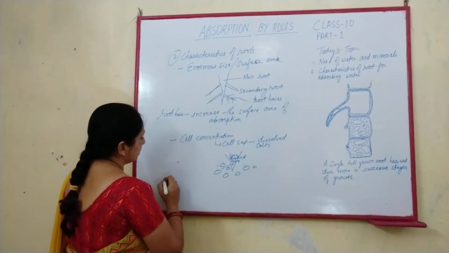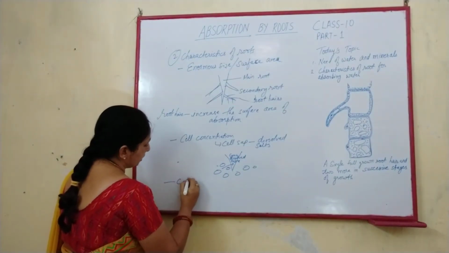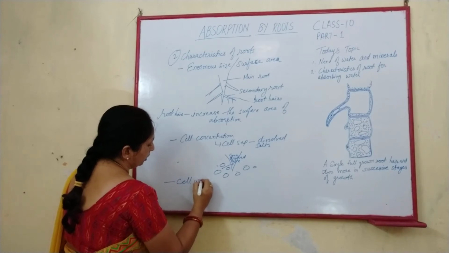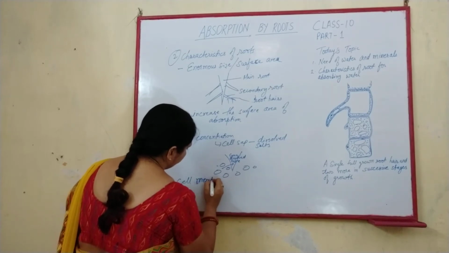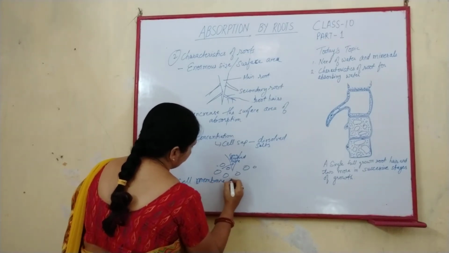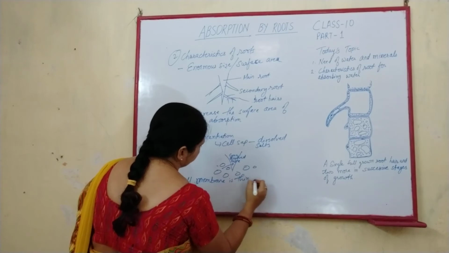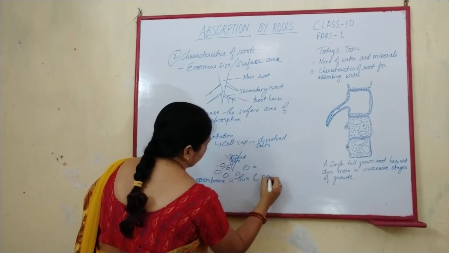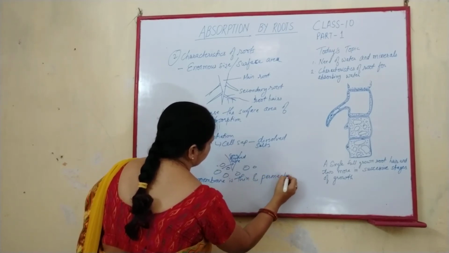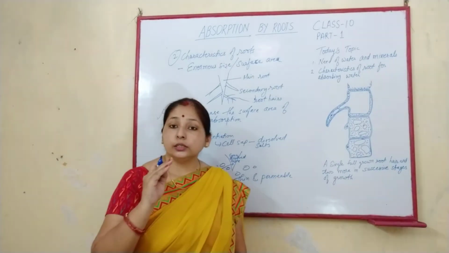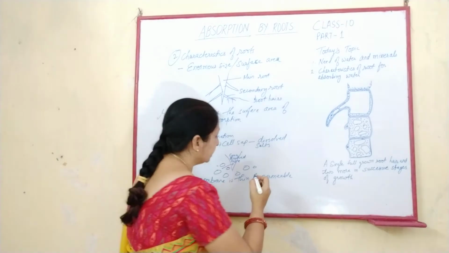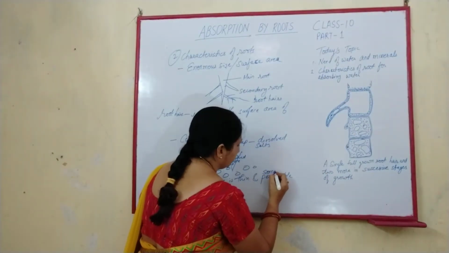Then next is the cell membrane, which is thin and permeable. Permeable means semi-permeable, not fully permeable.